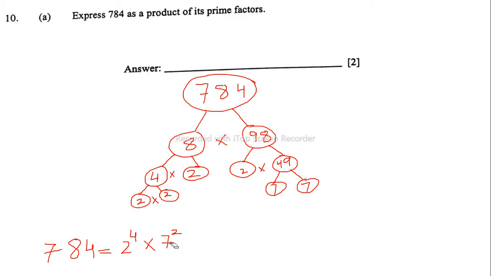Okay, so this is very important. This is the meat of the matter. Okay, so we already know 784 is 2 to the 4th power times 7 to the 2nd power.